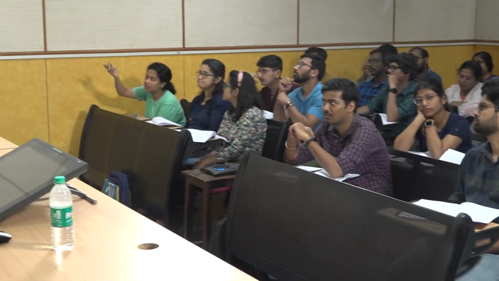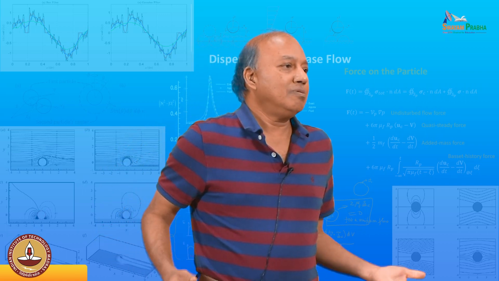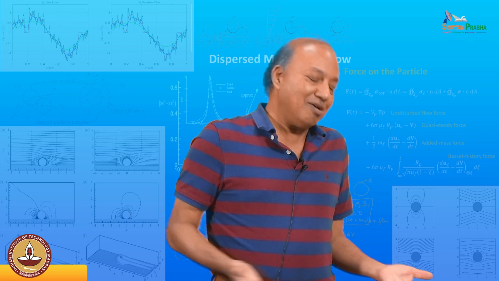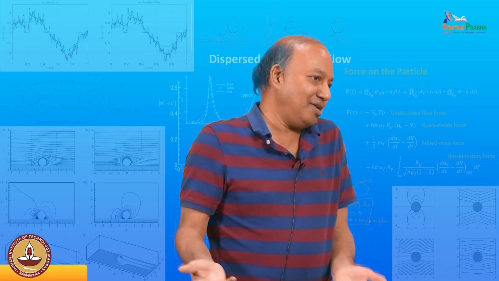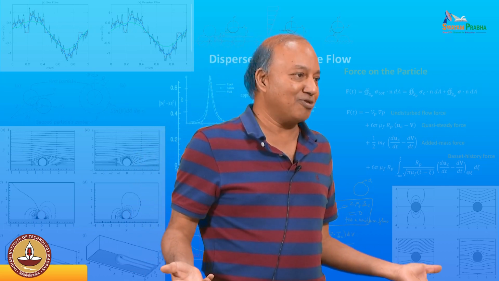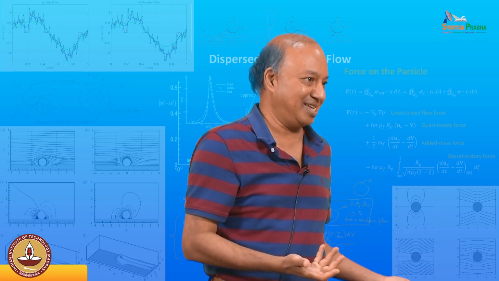Why did we choose to write 0 to t? It's just a matter of convention. If you say there was no acceleration before 0, then automatically this becomes 0 to t.